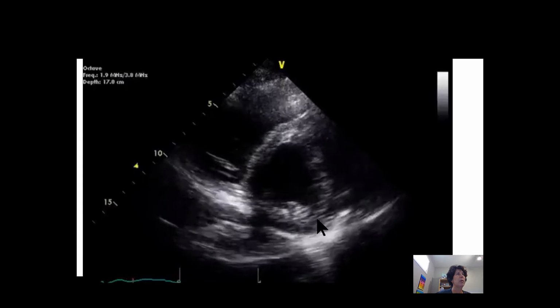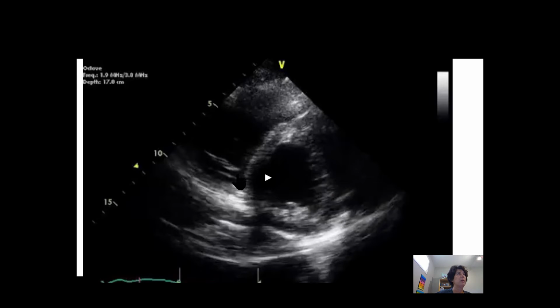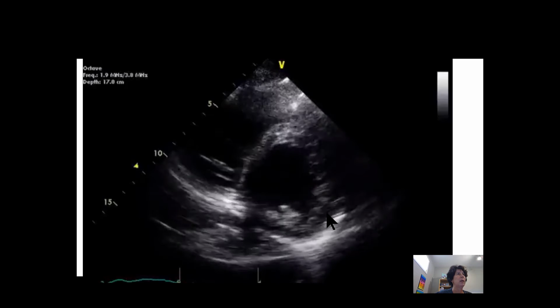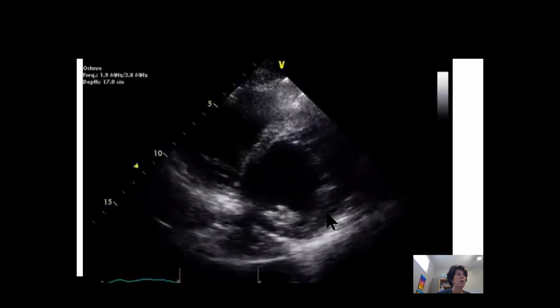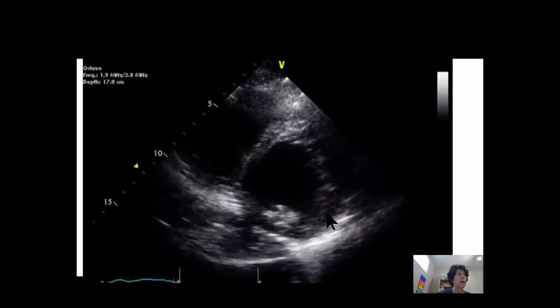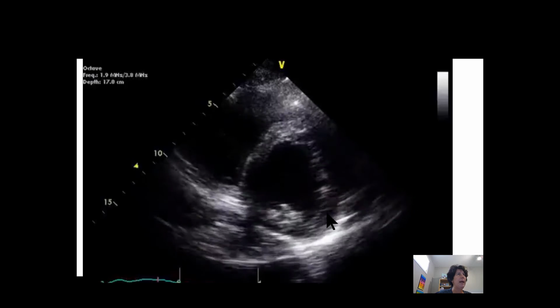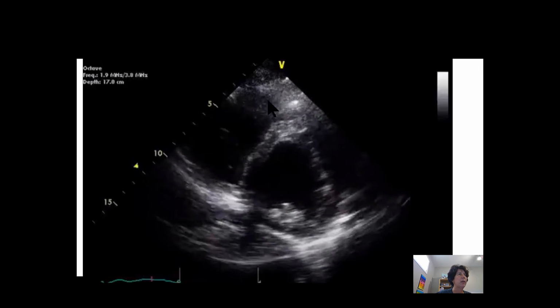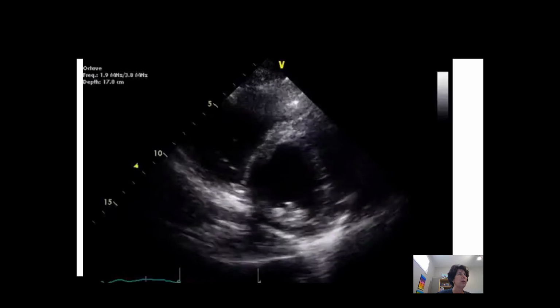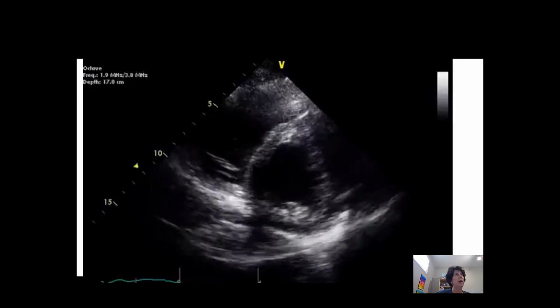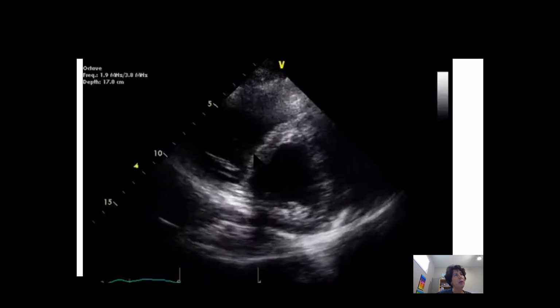So our next image is a parasternal short axis. And this sort of supports that initial impression that we potentially have a poorly functioning LV, and adds in a little bit of extra information here in that this RV looks fairly big, and this septum might be a little bit D-shaped.